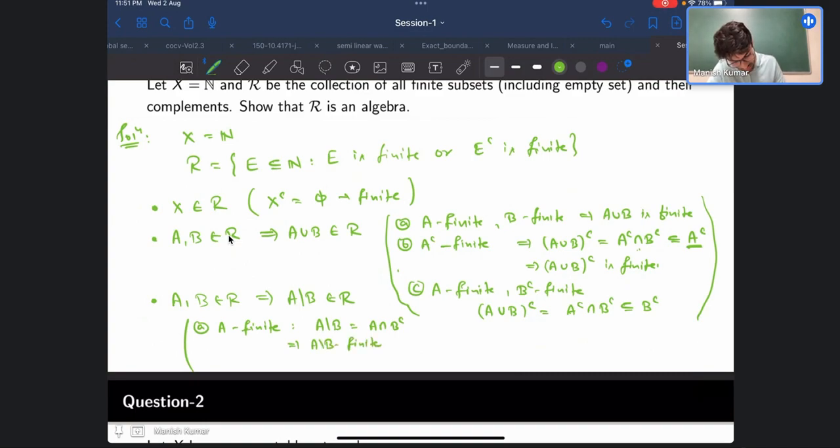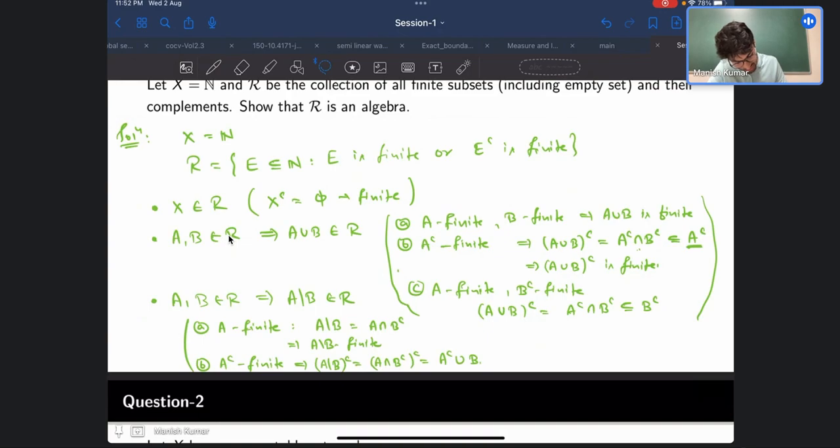The second case would be that A complement is finite. This would mean that A minus B complement, which is A intersection B complement whole complement, which is A complement union B, and A complement is finite.